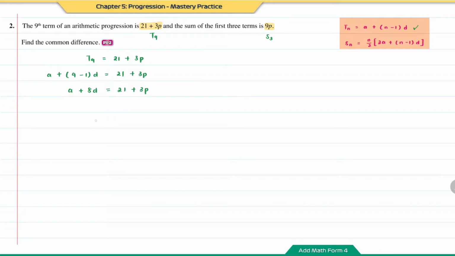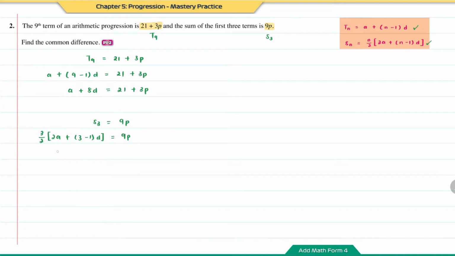The second one is going to be S3 equal to 9p. For the S, we're going to use this formula. Then it's going to be 3 divided by 2, bracket 2a plus, here the n is going to be 3 minus 1, d, equal to 9p. Next I'm going to move this 3 over 2 to the right hand side.